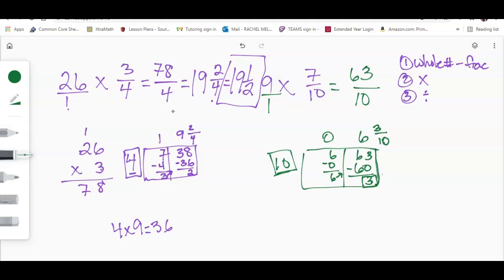Okay, so can I reduce 3/10? Well, 3 is prime and 10 is composite. So remember, if I have a prime and a composite, I see if the prime can go into the composite. And that's a no. So the answer here is 6 3/10.